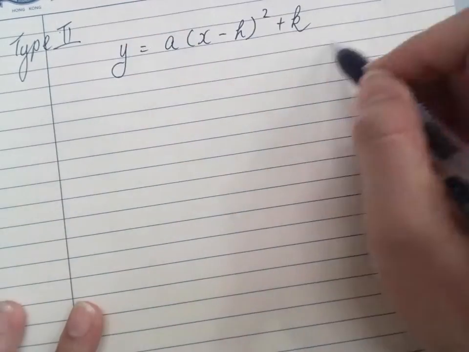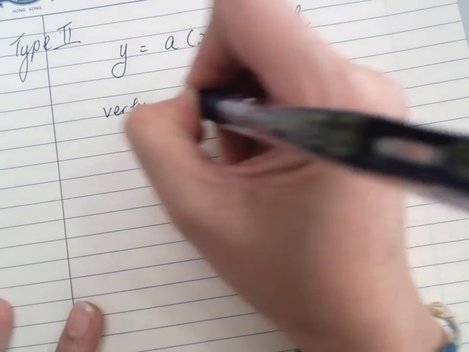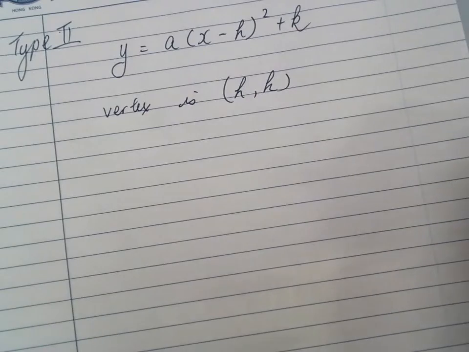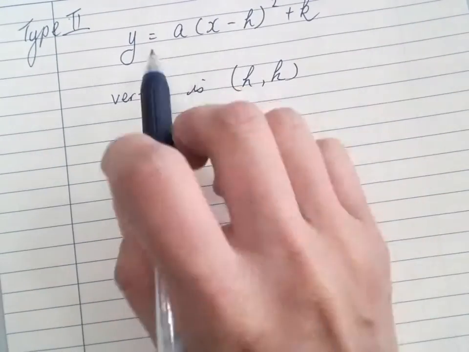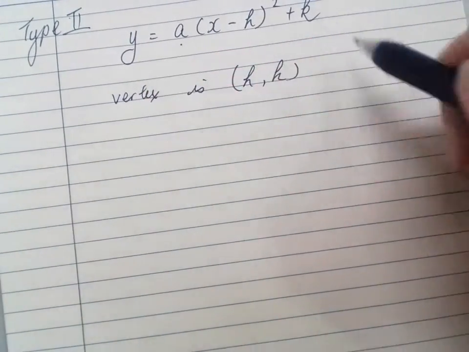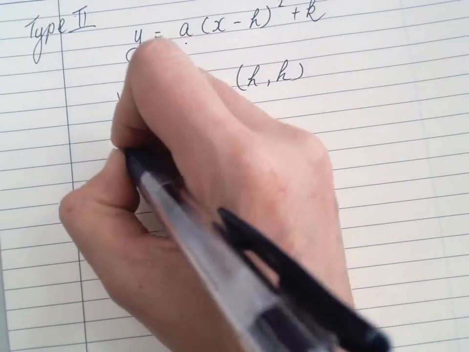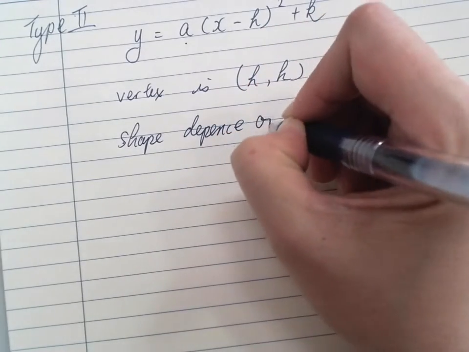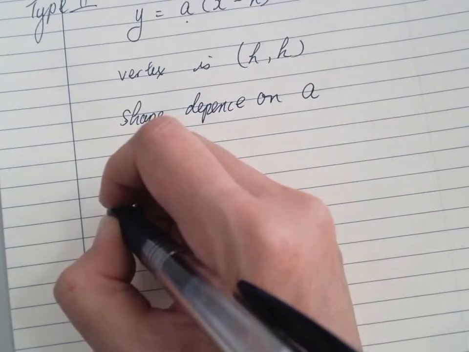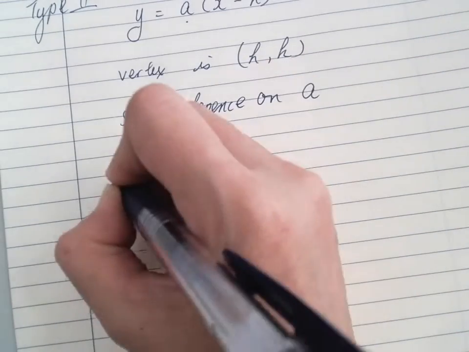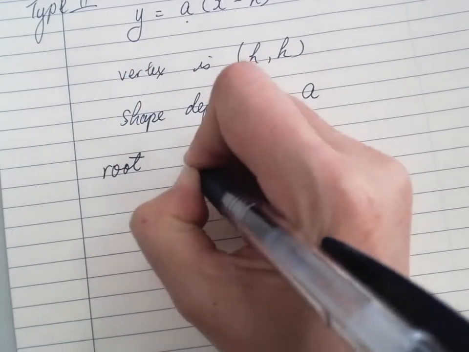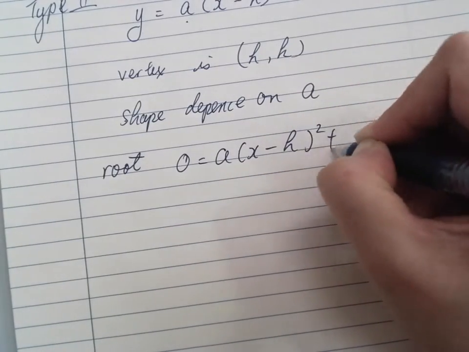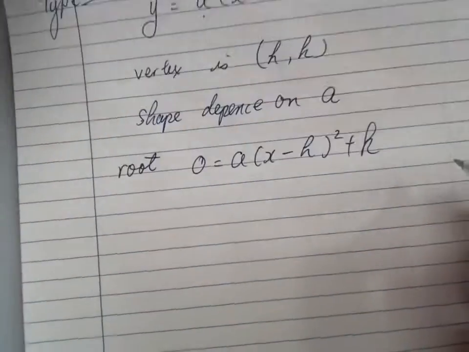If you see an equation like this, the vertex is h, k. And again, positive or negative depends on A, if it smiles or not. And also, the roots, you have to really solve it then. Roots will be 0 equals a times x minus h squared plus k. And the y-intercept is when x equals 0.